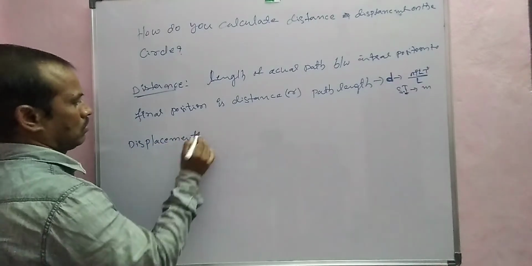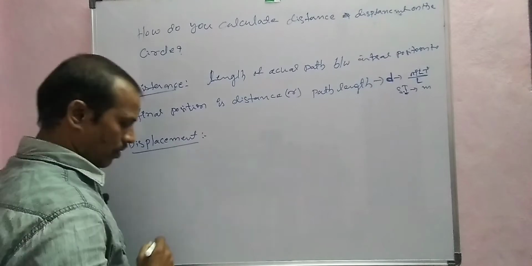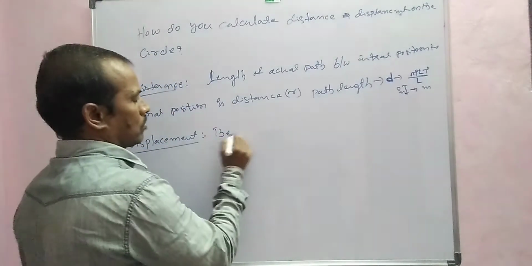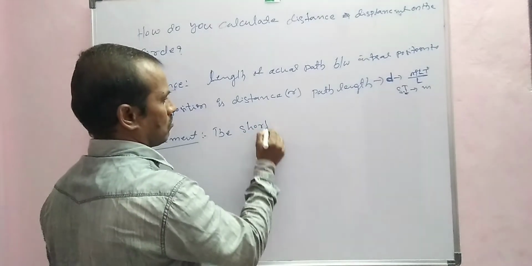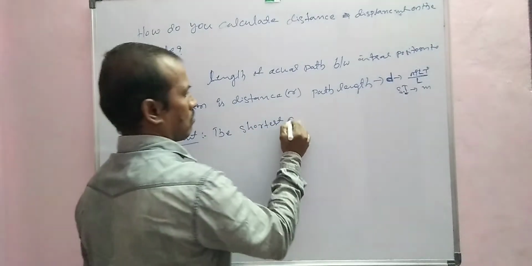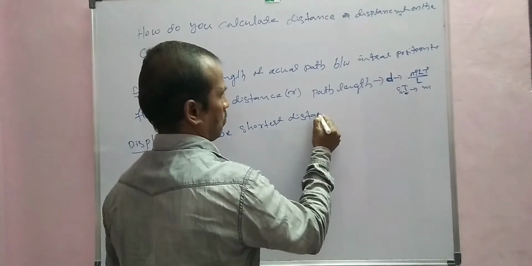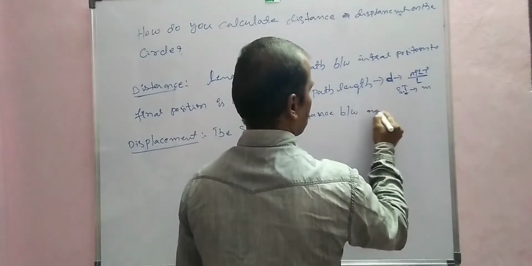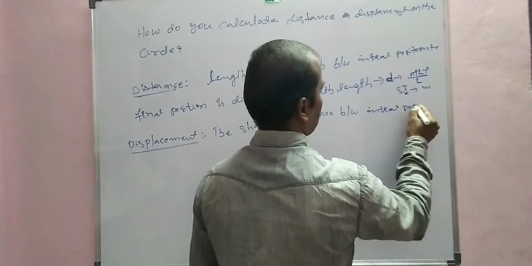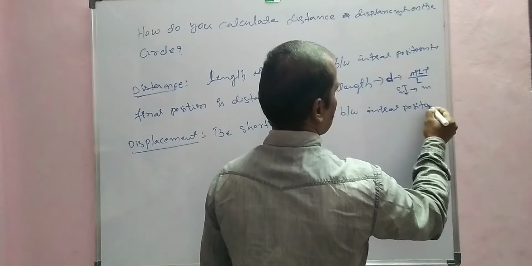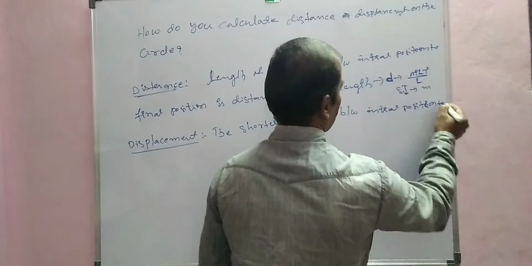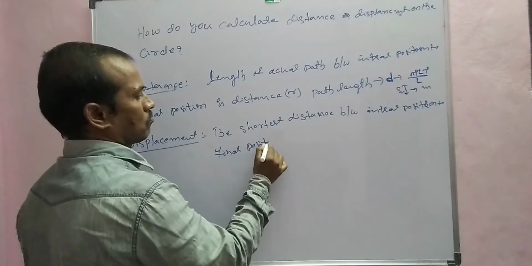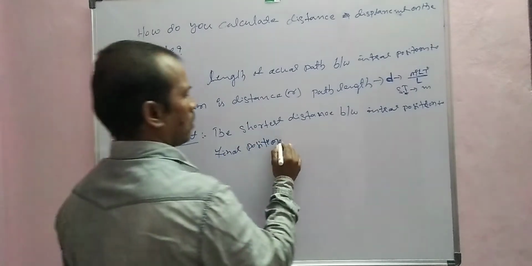Now the displacement statement. The shortest distance between the initial position and the final position is called displacement.